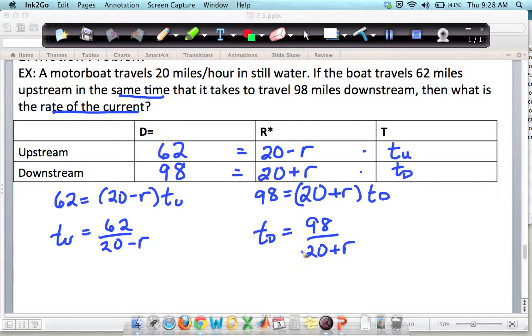Now the same time means that this time is equal to this time. So I can set 62 over 20 minus r equal to 98 over 20 plus r. I'm going to go to a new page and do that, to give myself a little bit of room to solve.